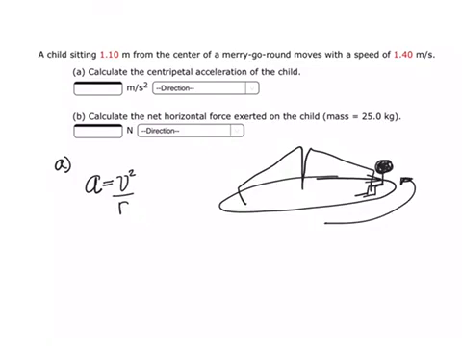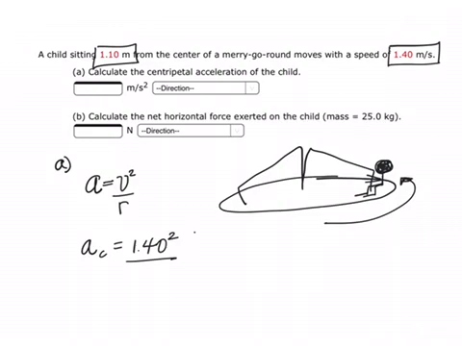Now, we know that r is the distance we're sitting, and we know the velocity is 1.4 meters per second. So the acceleration, v squared over r, can be substituted and we have a sub c is equal to 1.40 squared divided by 1.10.